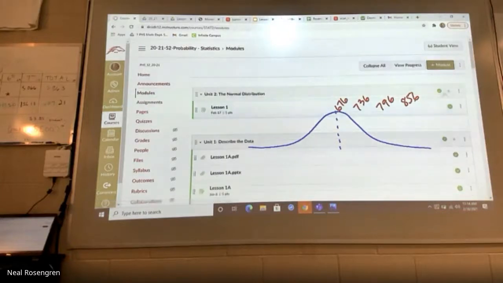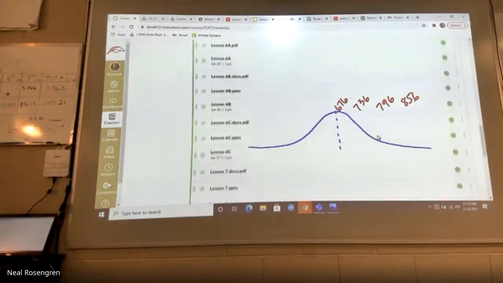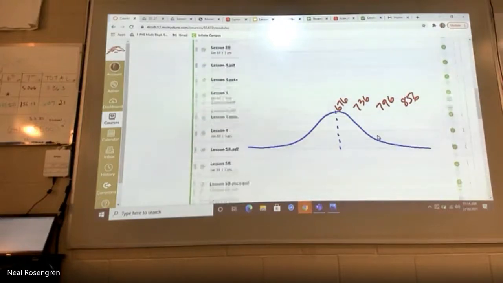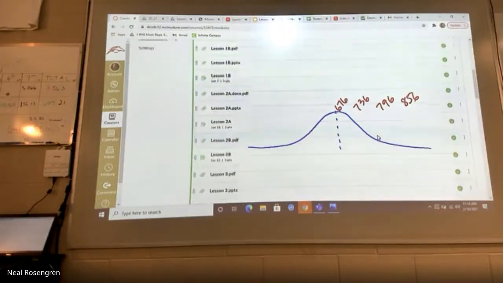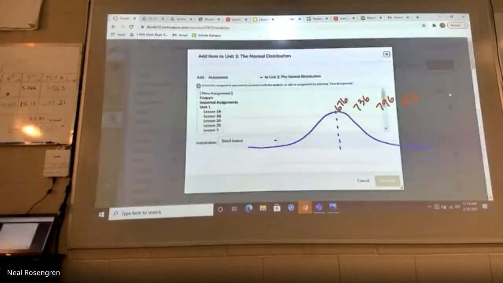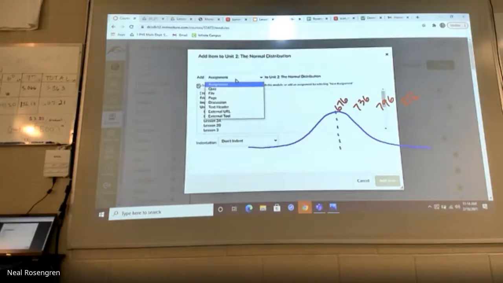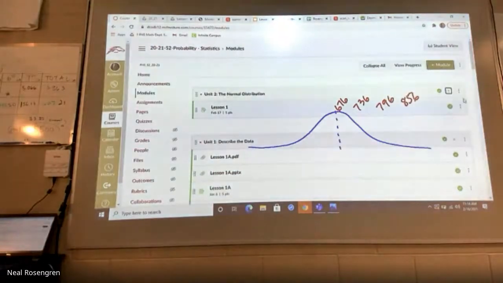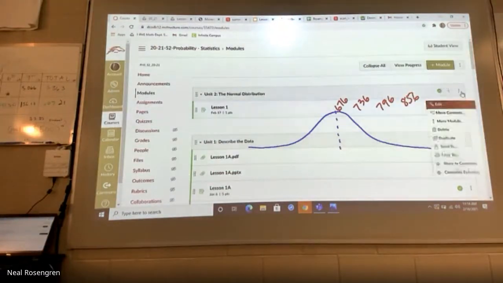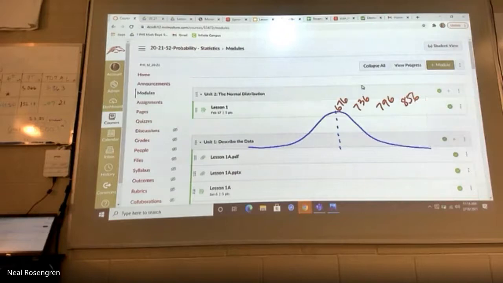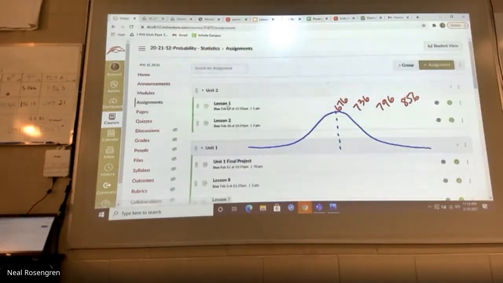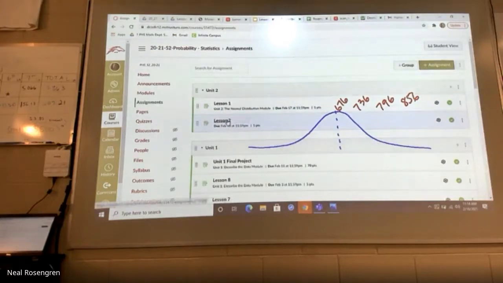Is it somewhere else? Weird. Yeah, lesson 2. I don't know why it's not showing up. It's under assignments. Unit 2, lesson 2. I don't know why it's not letting me get it in there.